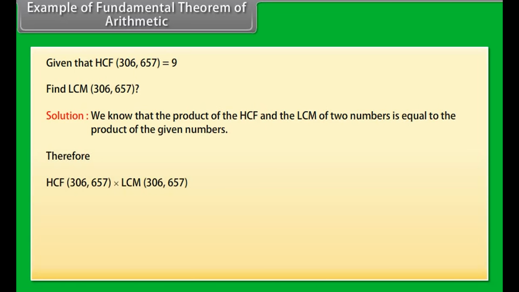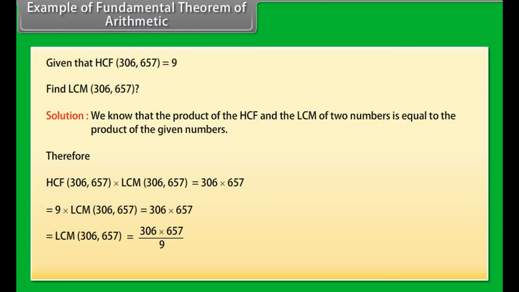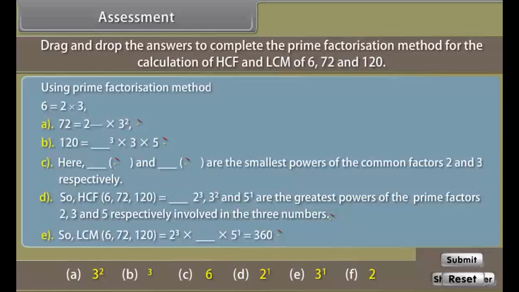Therefore, HCF(306, 657) into LCM(306, 657) is equal to 306 into 657. So 9 into LCM(306, 657) equals 306 into 657, which gives LCM(306, 657) equals 306 into 657 upon 9. LCM is equal to 22,338.